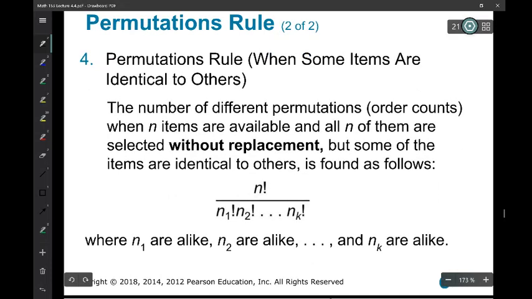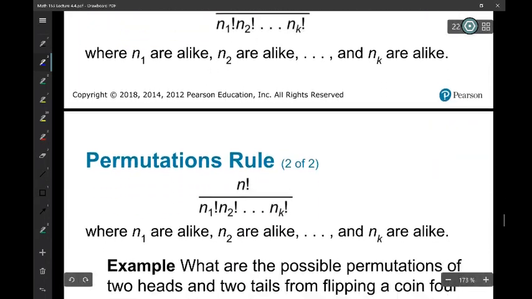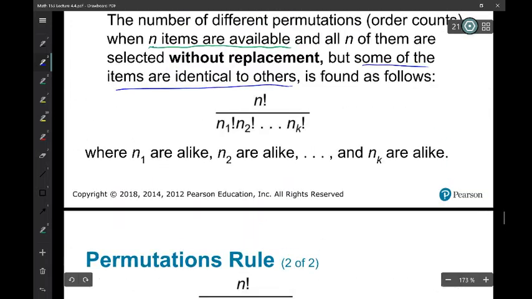Here's a tricky one to remember, the permutations rule. So this is when some of the items are identical to others. So the number of different permutations when n items are available, and all n of them are selected without replacement, but some of the items are identical to the others. So I'd like to do an example here.